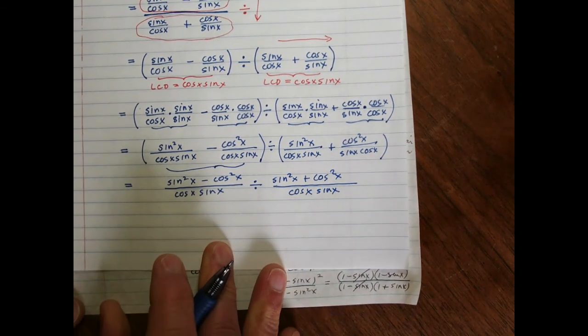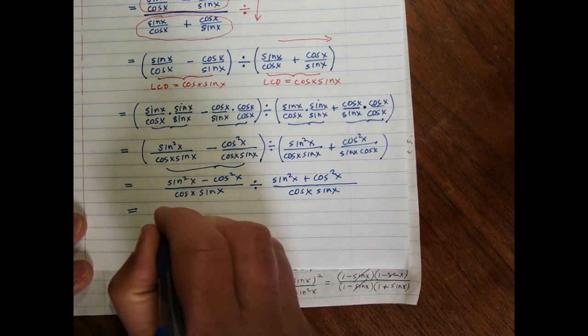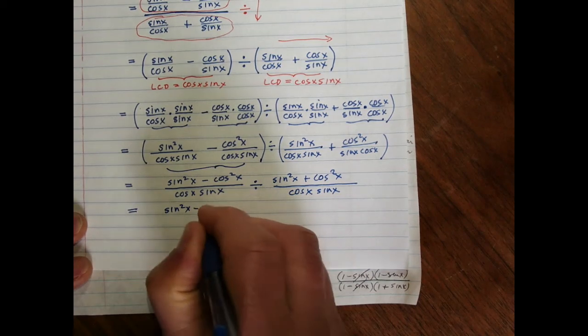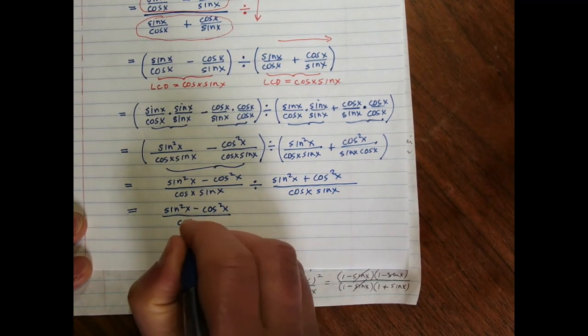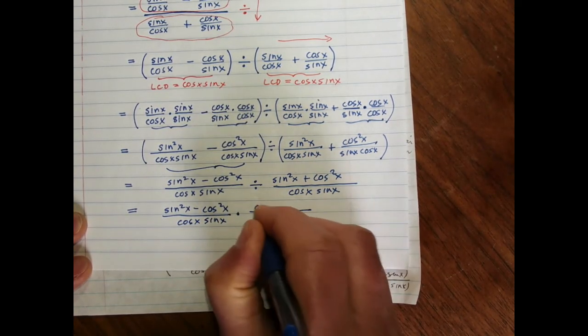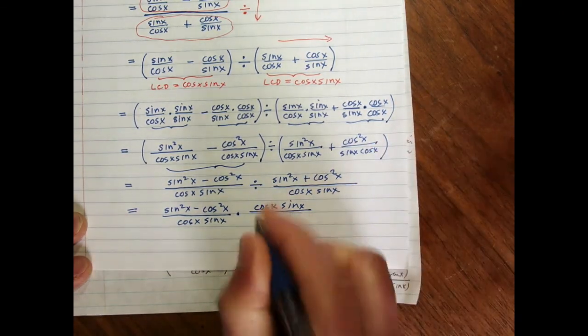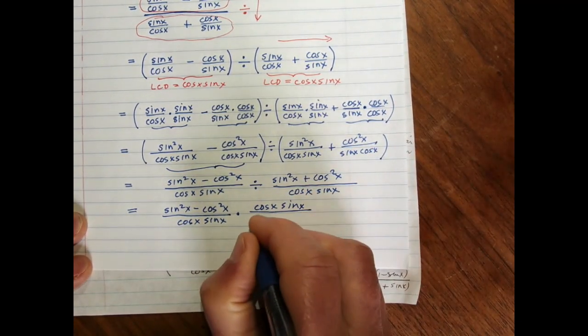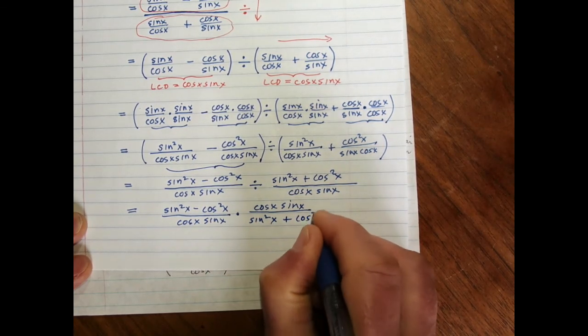And now I'm finally ready to do the division, right? I have sine squared x minus cosine squared x over cosine x sine x, times cosine x sine x, so I'm flipping the second fraction over, over sine squared x plus cosine squared x.